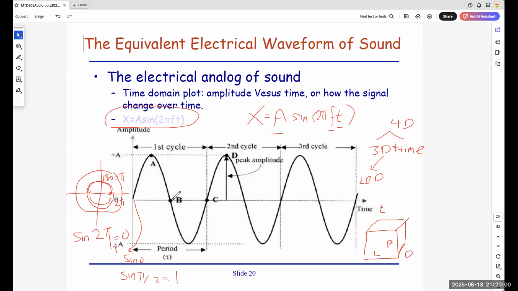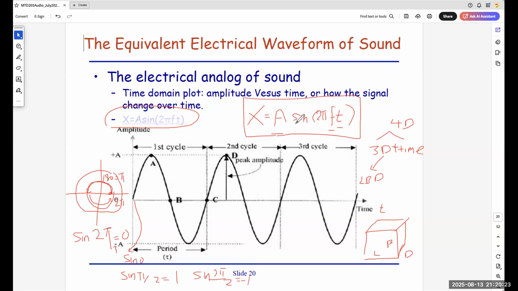You press sine pi, you go to 0. You press sine 2 pi, you go to 0 also. But you press sine 3 pi over 2, it gives you -1. So mathematicians like to express it this way. Of course, it's not important, but you just need to know that a sine wave can be represented by this formula.